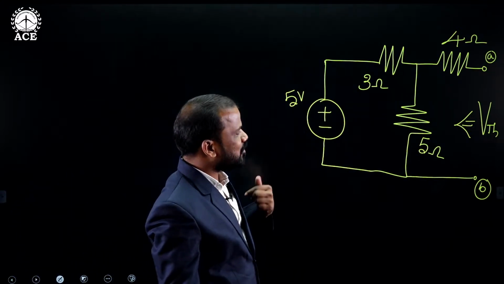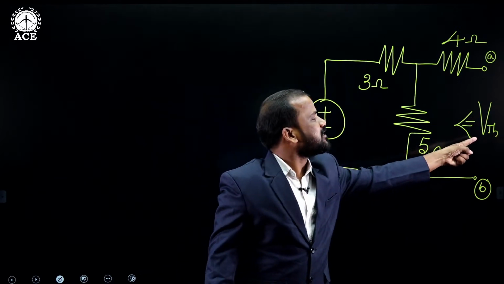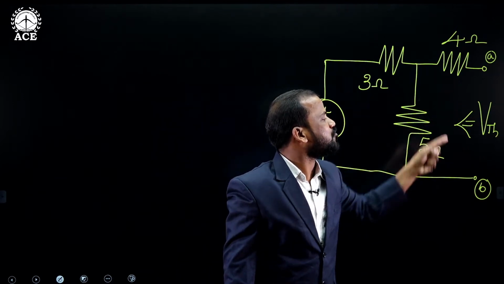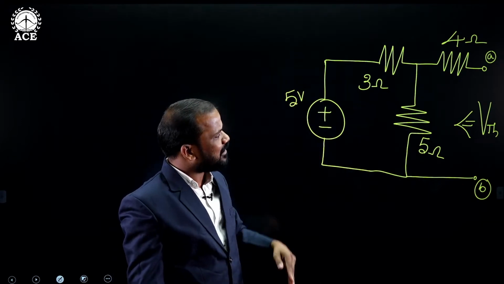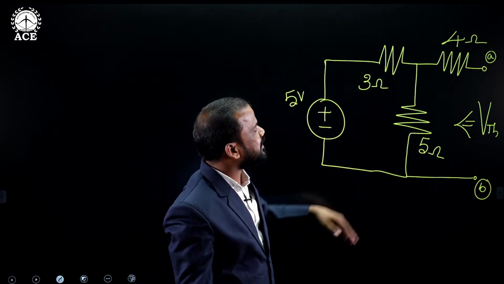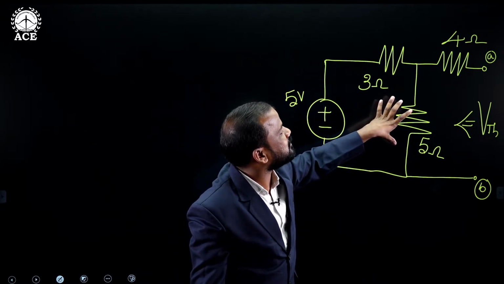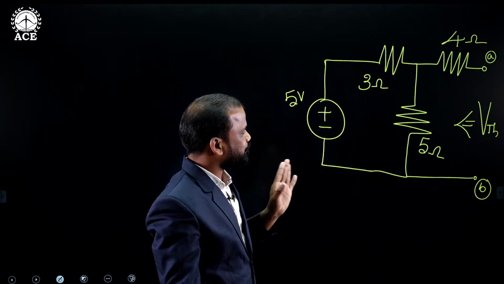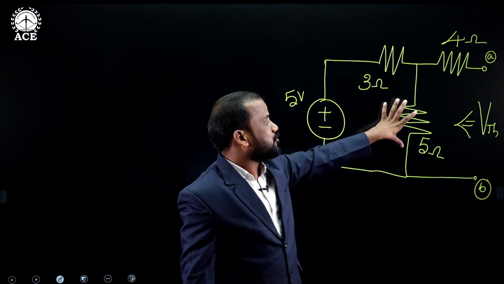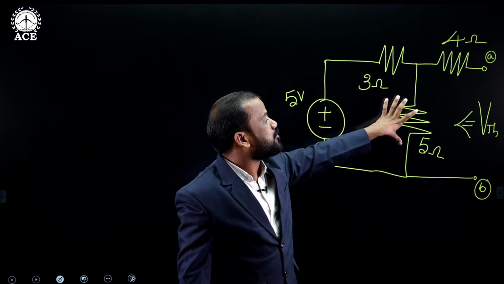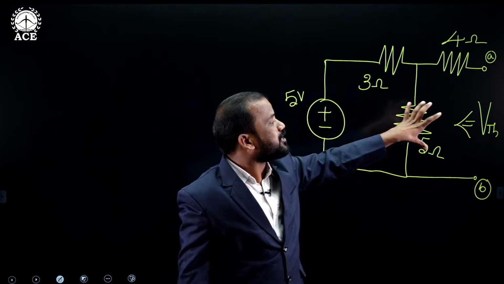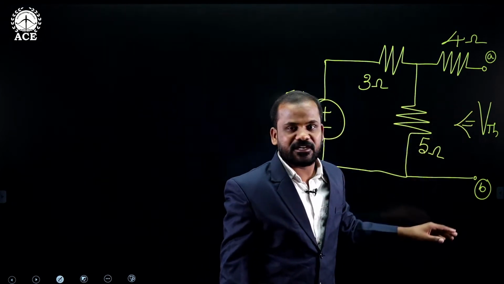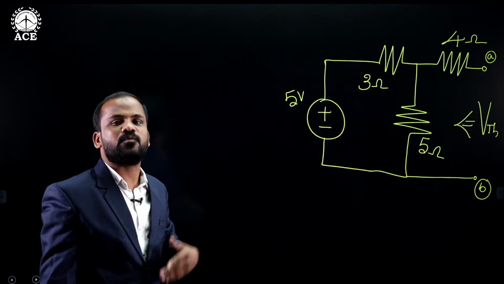So for finding the value of VTH across the open terminals, you can directly find it by calculating the voltage drop across the 5 ohms. If you know the voltage drop across the 5 ohm resistance, this voltage drop is directly appearing across terminals A and B, representing Thevenin's voltage.